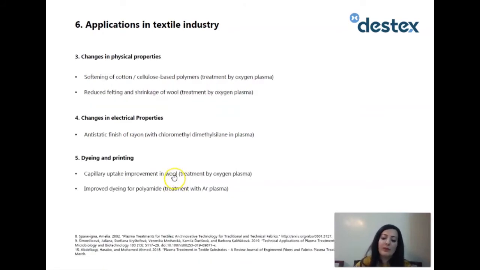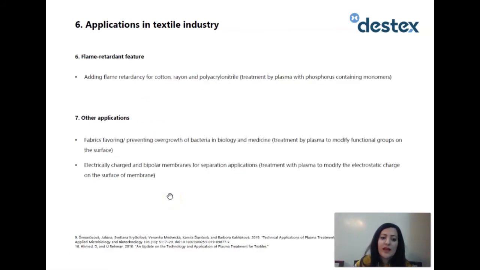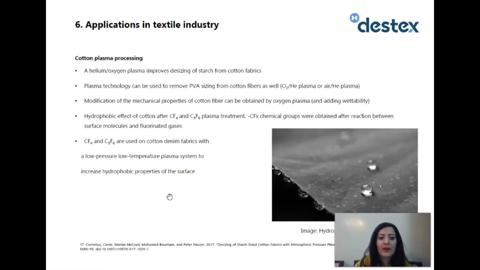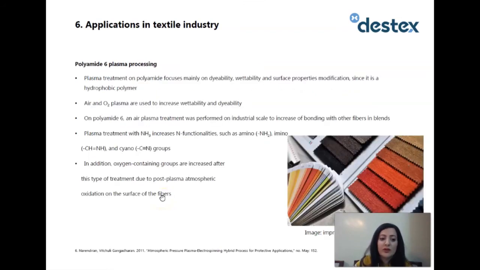Also, via plasma, we can have some changes in the physical properties and electrical properties, and we can introduce new functionalities like flame retardancy to the textiles. Plasma is very versatile, and usually any fiber is possible to treat with plasma, especially cotton and polyamide.